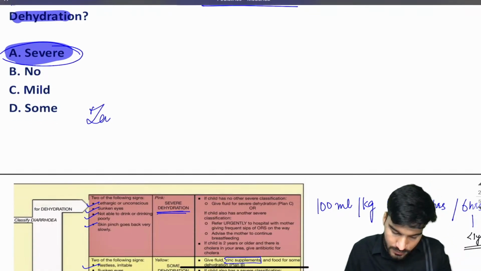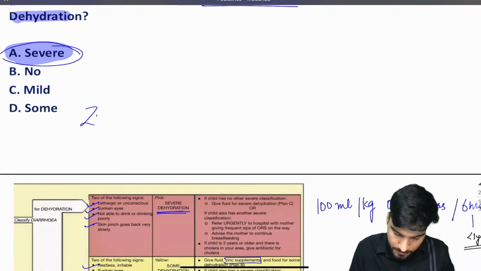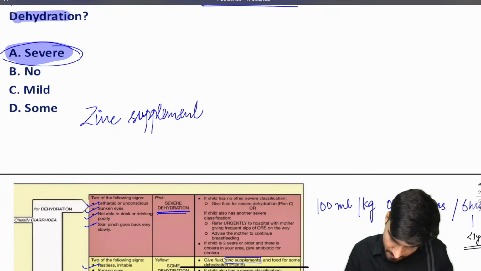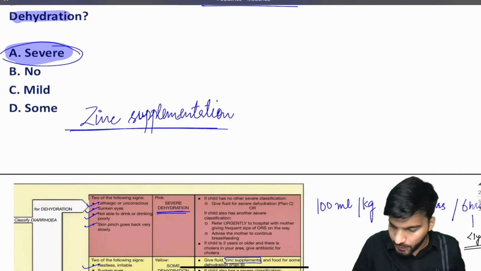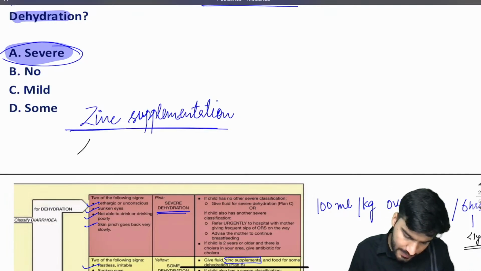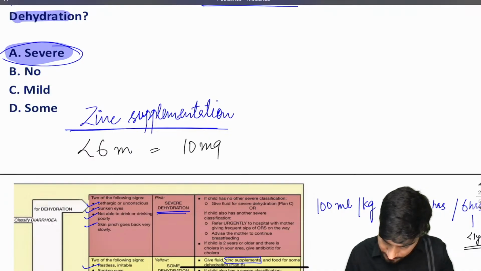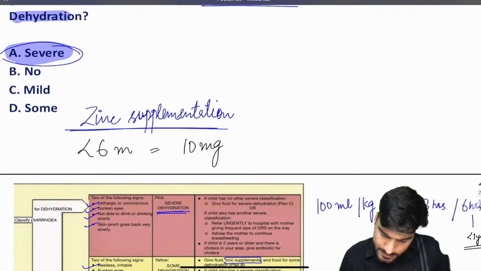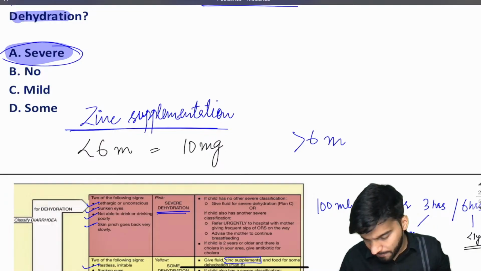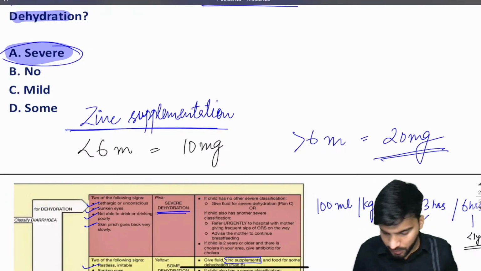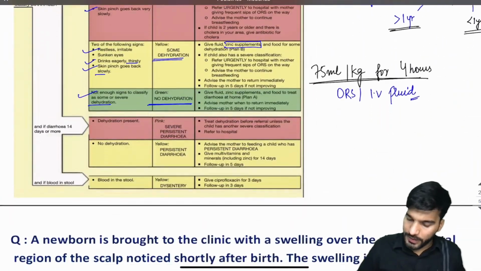If we talk about zinc supplementation, less than 6 months, we give 10 mg, and more than 6 months, we give 20 mg.